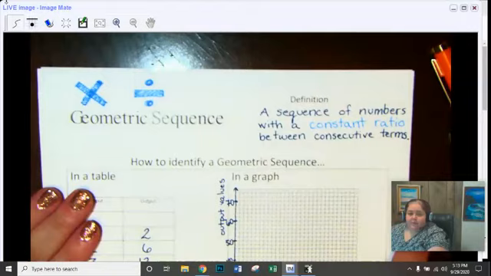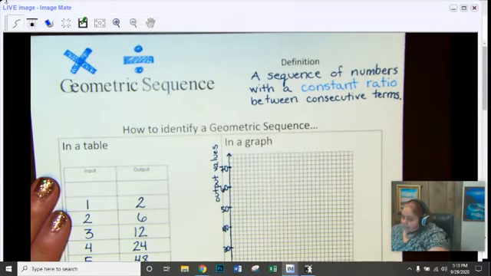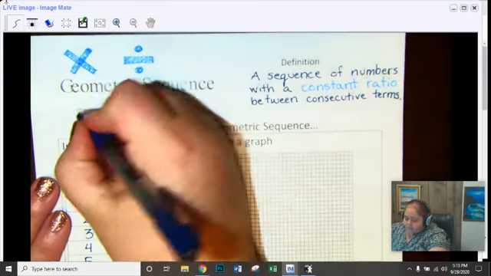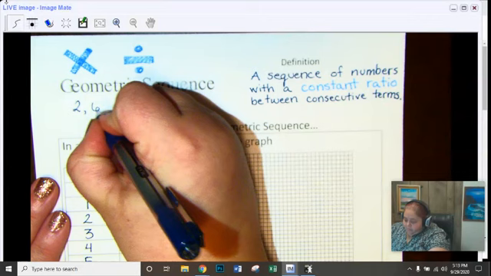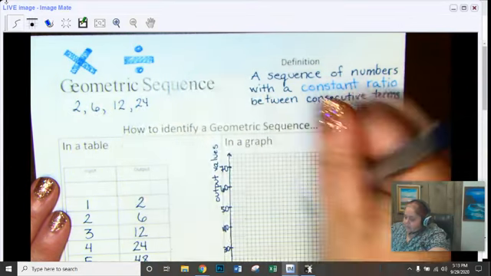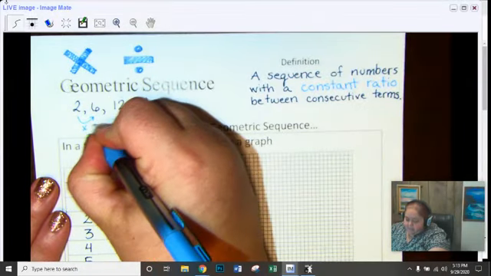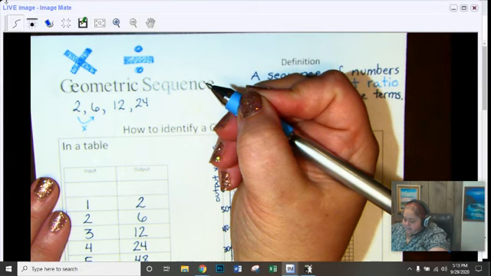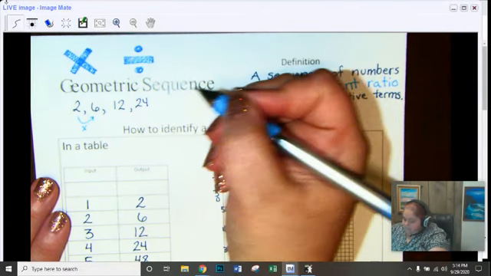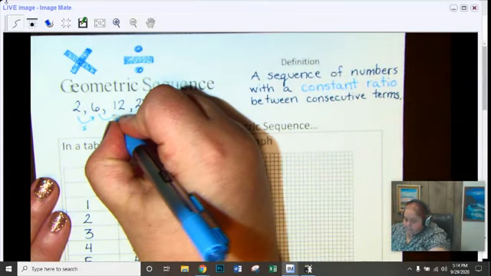So a geometric sequence is a sequence of numbers with a constant ratio between consecutive terms. So if we go 2, 6, 12, 24, we can see that each number is being multiplied by, excuse me, by 3, because this is times 2.